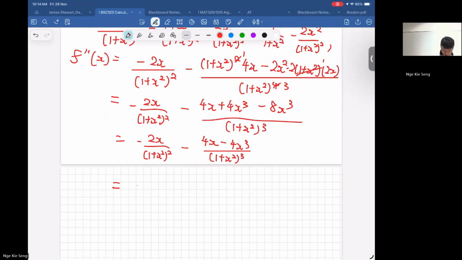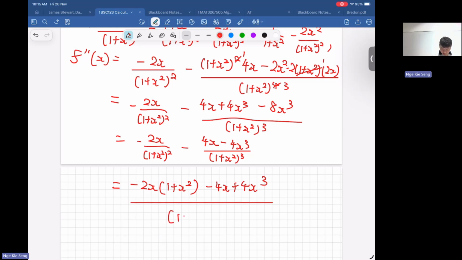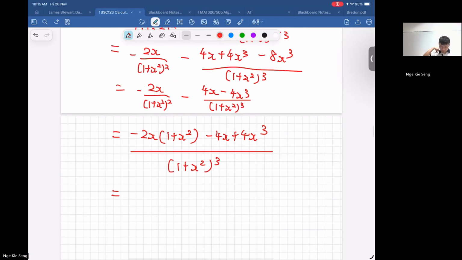So minus 2x, x cubed, plus 4x plus 4x cubed, x squared over cube, plus 2x minus 2x cubed, 4x plus 4x cubed.